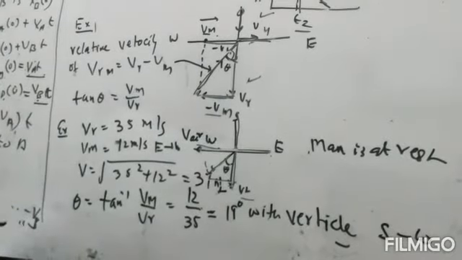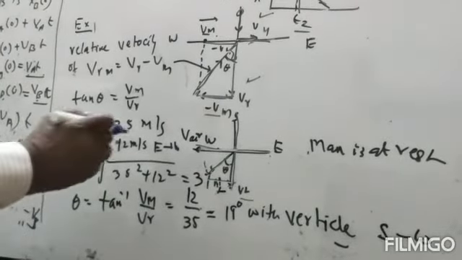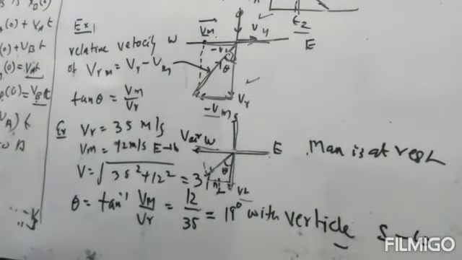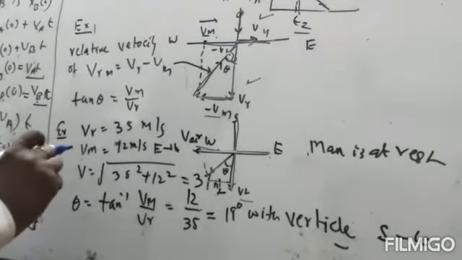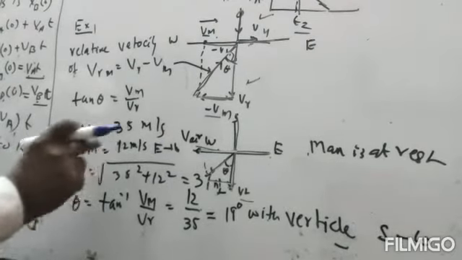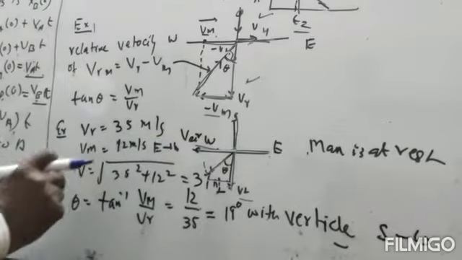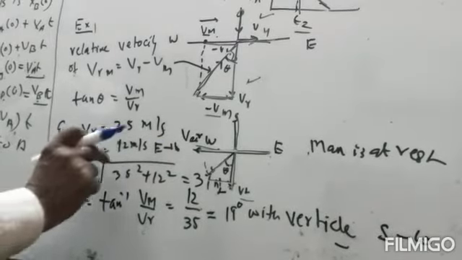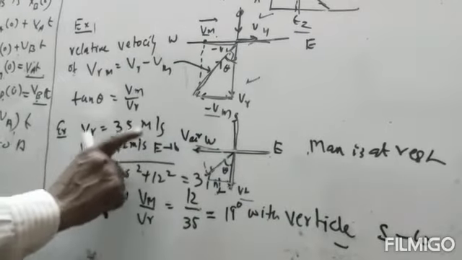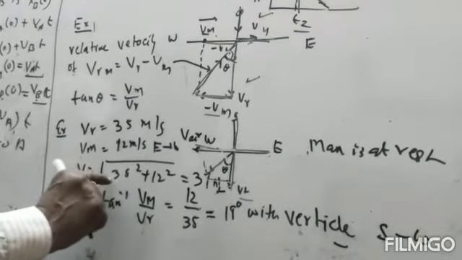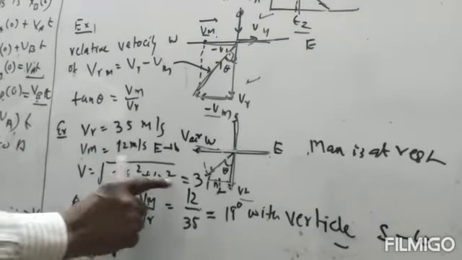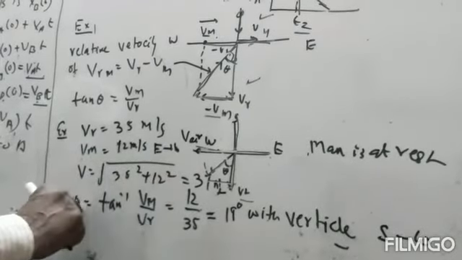Here it is given that Vr is equal to 35 meter per second, V man is equal to 12 meter per second towards east to west. So V will be equal to, they are at right angle, square root of Vr square plus Vm square, means 35 square plus 12 square. This will be approximately equal to 37.